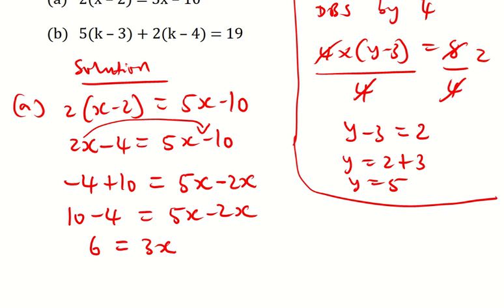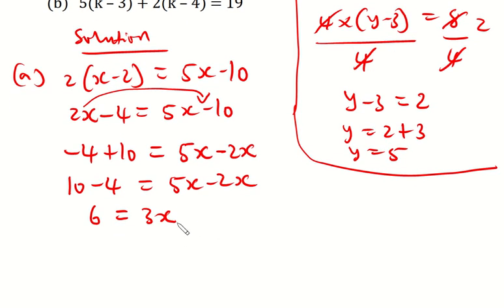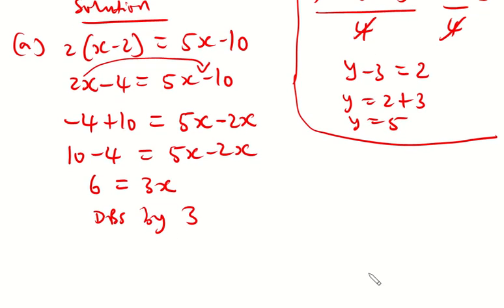And the next step from here, tell me, is to what? Divide both sides by 3. Divide both sides by 3. So DBS by 3. You know, you don't always have to write this. In fact, in the subsequent example, I am going to be showing you how to quickly divide both sides by 3 without always writing it. You know, things like this should be done easily and quickly.